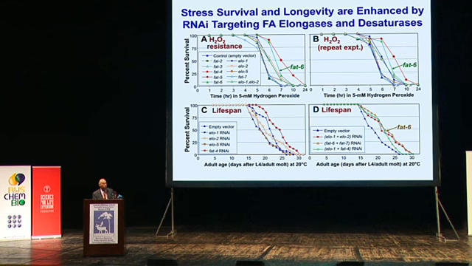So the lesson here is that the protection from hydrogen peroxide is kind of a model of what you worry about in lipids, which is a free radical chain reaction of lipoperoxidation. And hydrogen peroxide triggers that kind of free radical chain reaction.